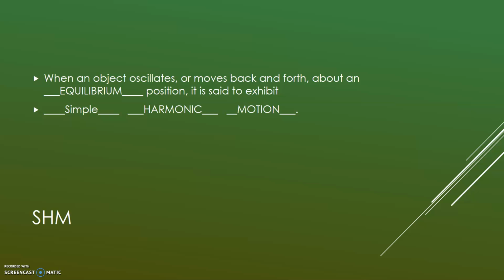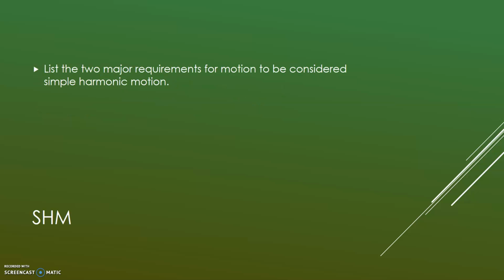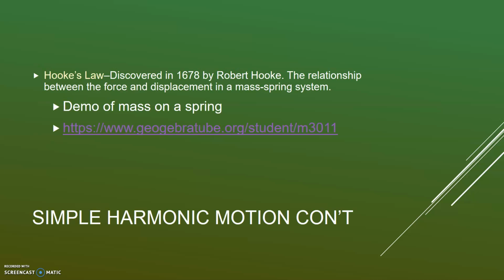So certain things can have a repeating pattern and be periodic, but not be simple harmonic. The two requirements for simple harmonic motion are, first, it has to have an equilibrium: if it stops, it will go to this location every single time. And secondly, it has to oscillate, move back and forth. It has to repeat itself.